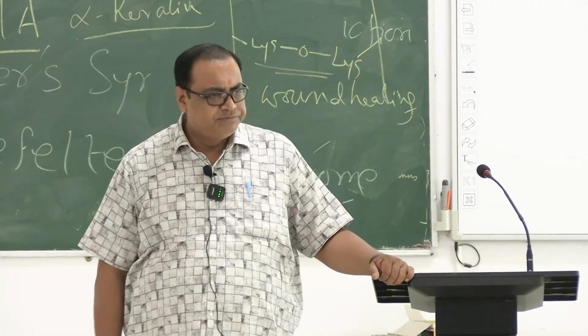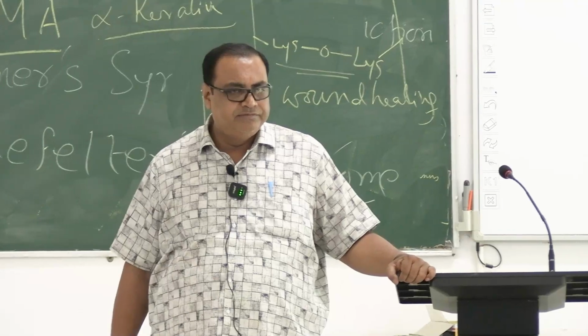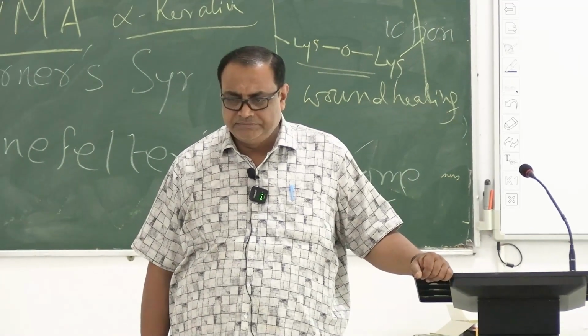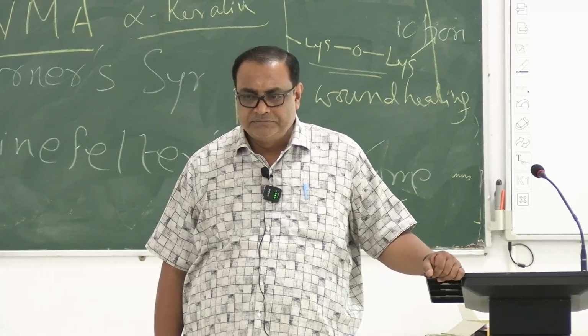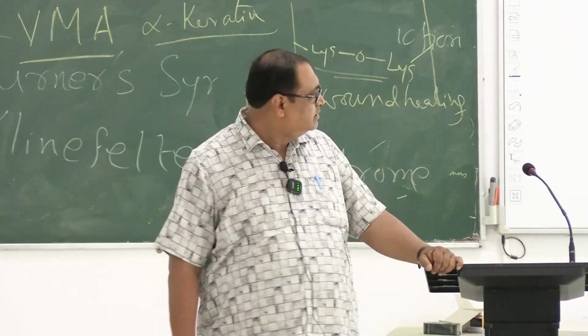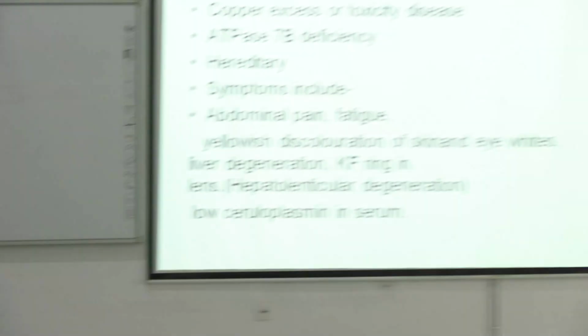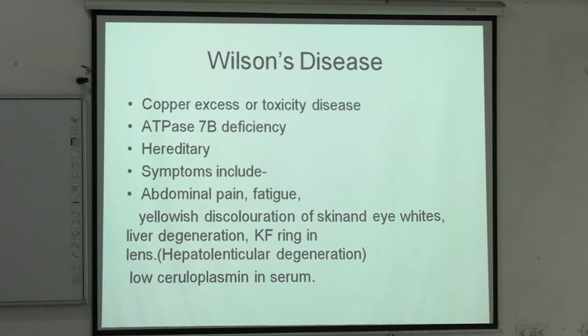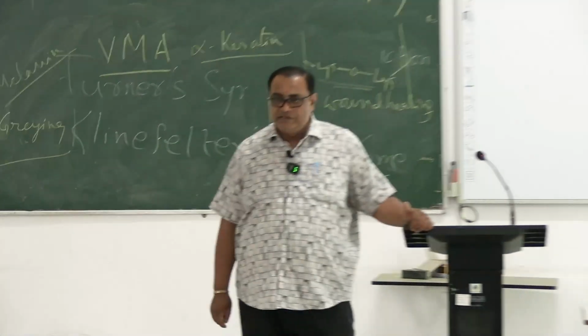What will happen? What will the patient present with? See the symptoms. Yellowish discoloration of skin and sclera. That is jaundice.